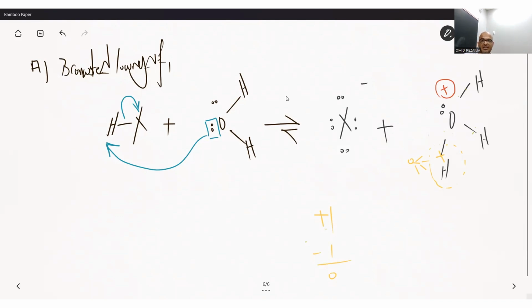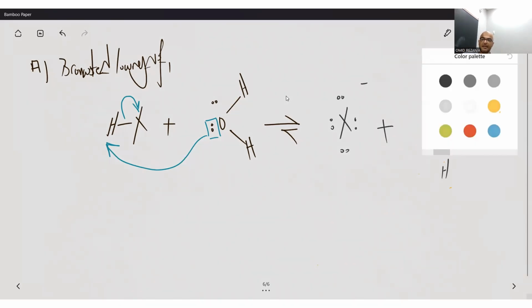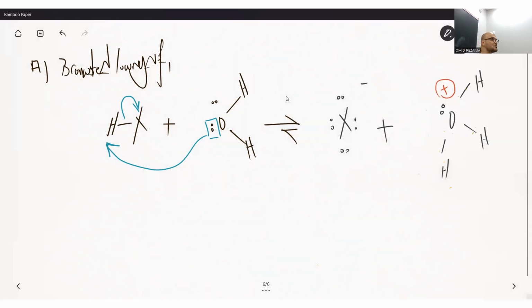There is no charge change for that. Then I see that the only formal charge which I have for this structure is on the oxygen, which you remember from chemistry 1, we call this structure H3O, hydronium.